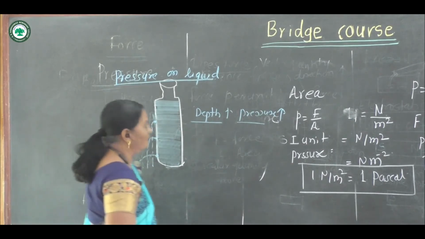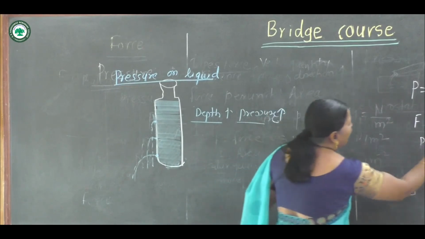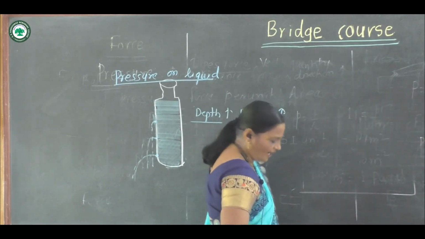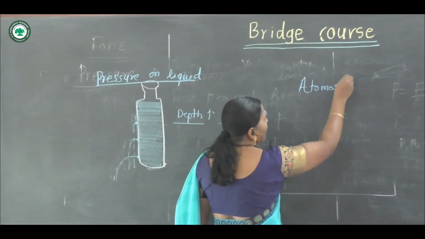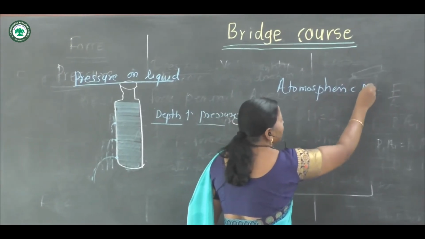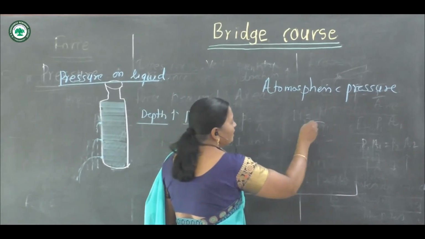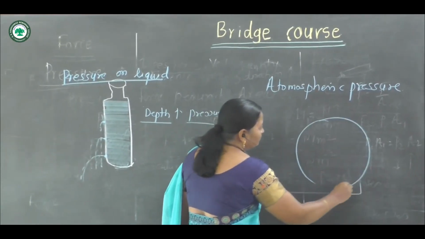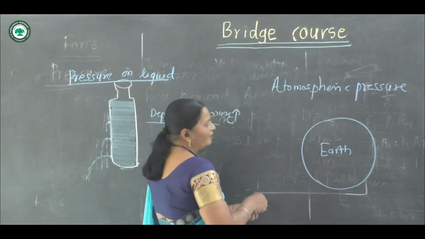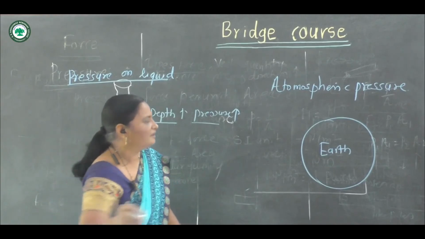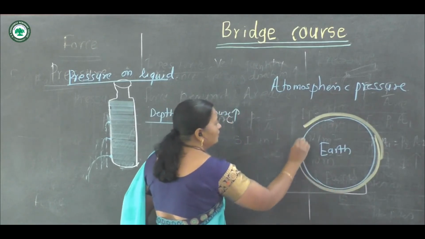Now the next type of pressure, that is atmospheric pressure. Suppose this is the earth and the air above the earth.